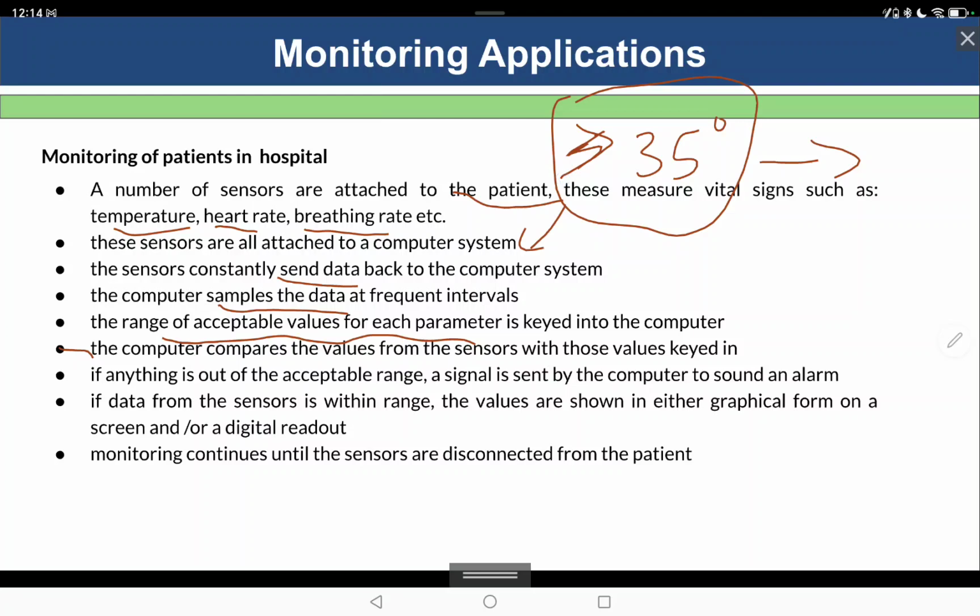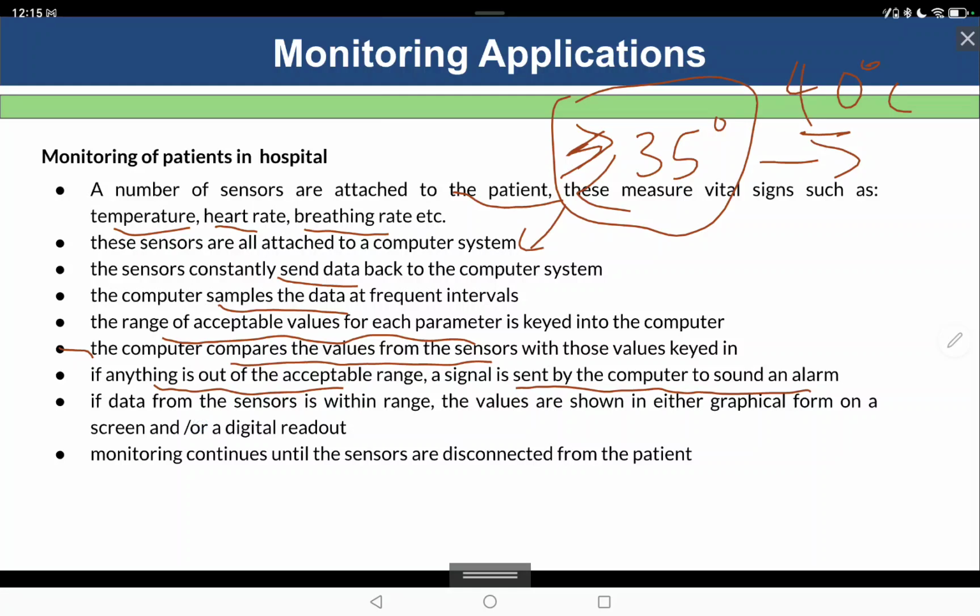Or let's say less than 35 degrees are the acceptable values. The computer will compare the values from the sensor with the values in the computer system. If anything is outside the acceptable range, meaning maybe the data received is 40 degrees Celsius, this value is outside the acceptable range. So if it is outside the acceptable range, a signal is sent by the computer to sound an alarm.